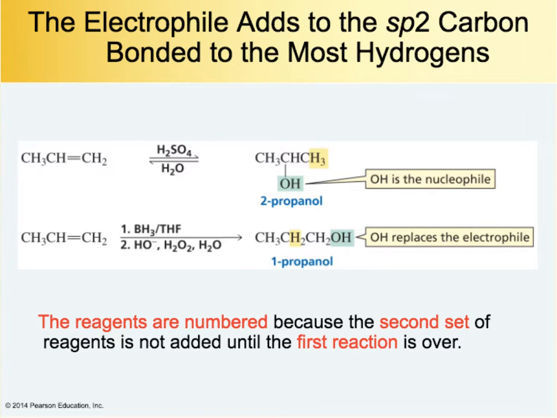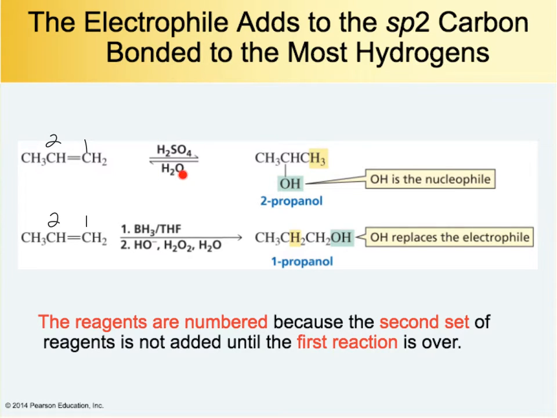Here is the picture again. H2SO4 in water, you get 2-propanol. The OH is the nucleophile. We've done that mechanism before. Now, if you take the same reaction and number these carbons 1 and 2, you'd probably notice those carbons are different.